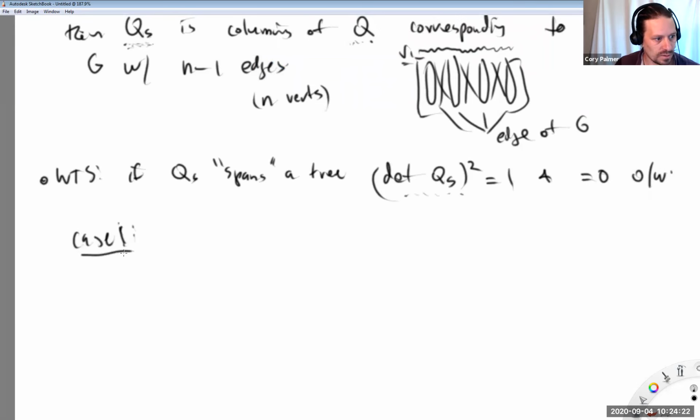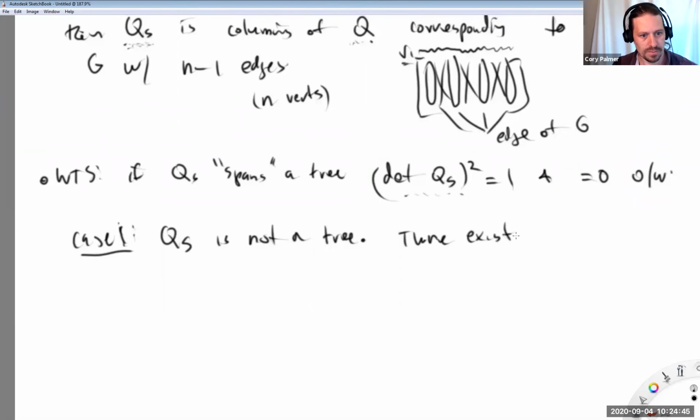So case 1, I think the not-a-tree case is easier to see. Q_S is not a tree. Since Q_S is not a tree, there exists a component C in Q of S. Again, I'm talking about the graph spanned by these n minus 1 edges.